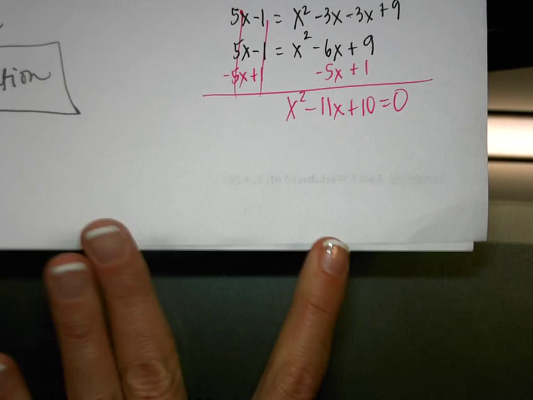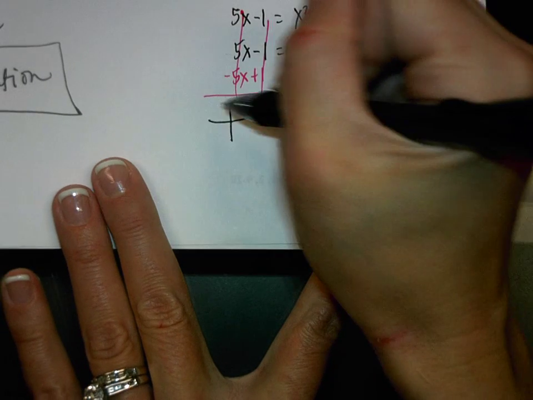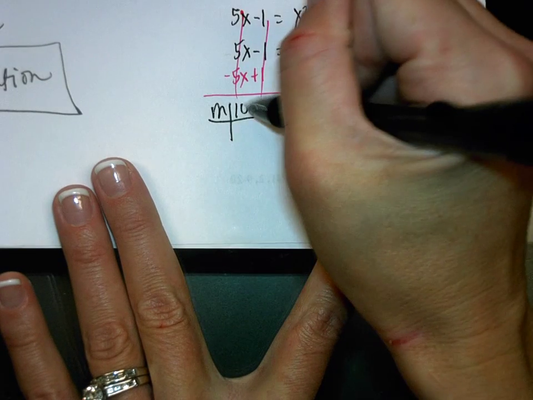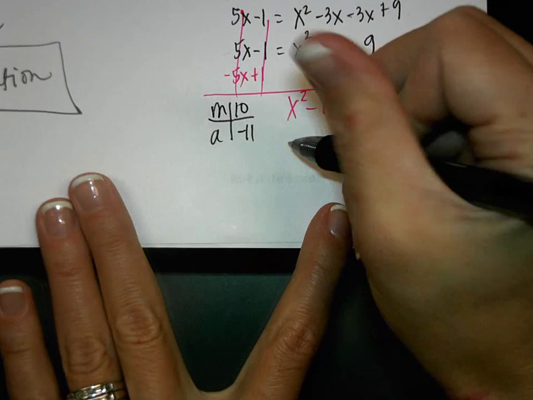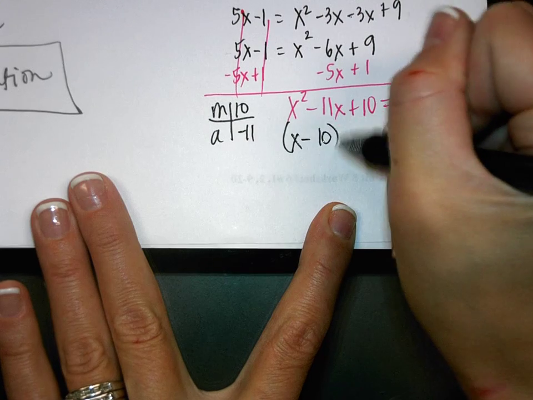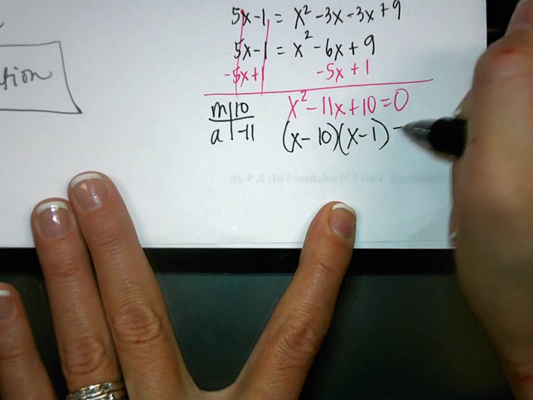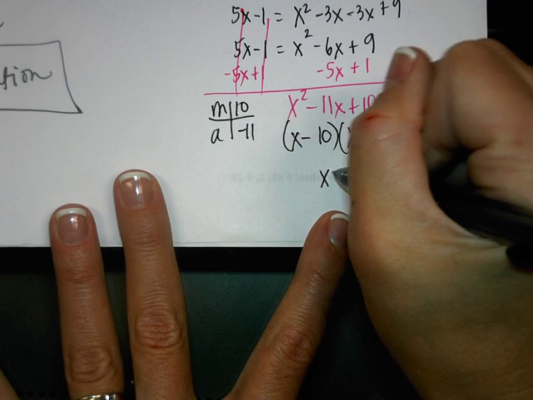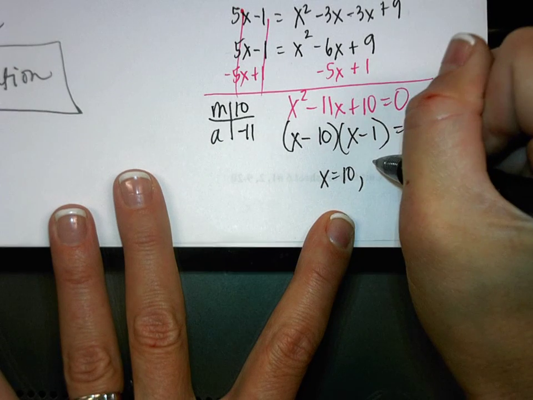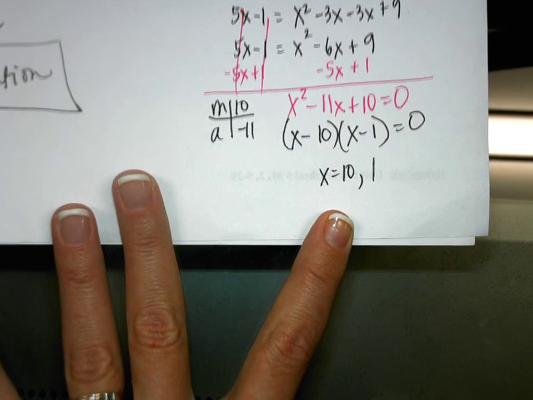Okay, so on that one, what multiplies to be 10 and adds to be negative 11? x minus 10 and x minus 1 is correct. And when we set those equal to 0, what should it equal? 10 and 1. Good.